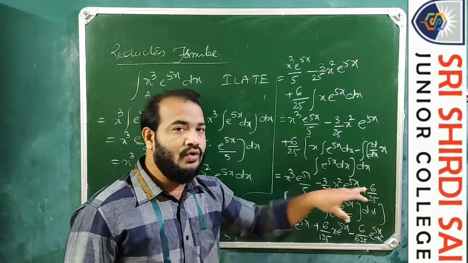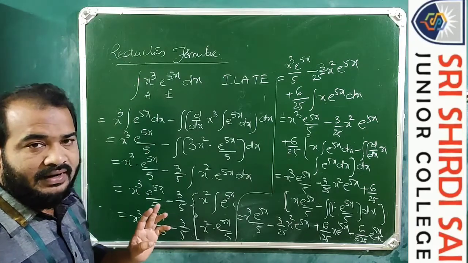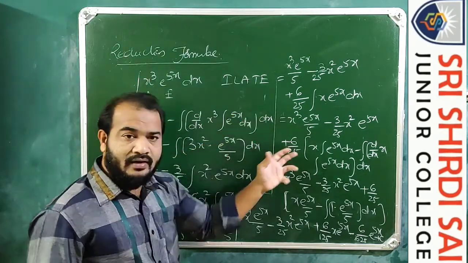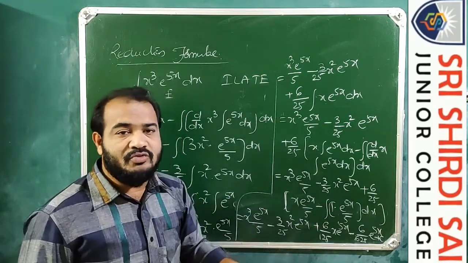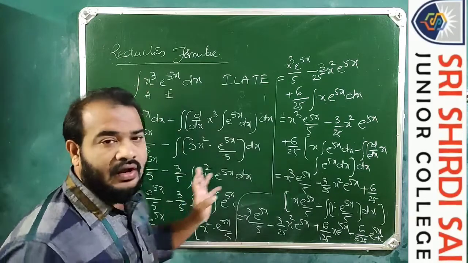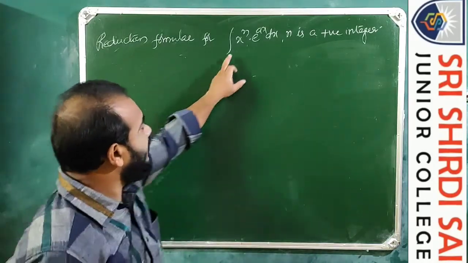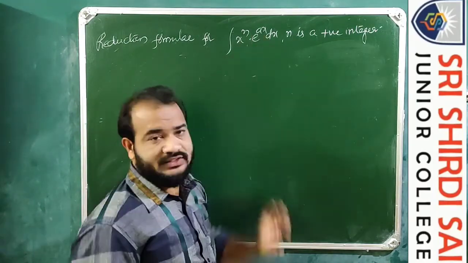But if we know the integral x power n into e power ax dx, then we will prepare one formula. That is said to be the reduction formula, and simply substituting n equal to 3, we will get the reduction formula for the integral x cube e power 5x dx.